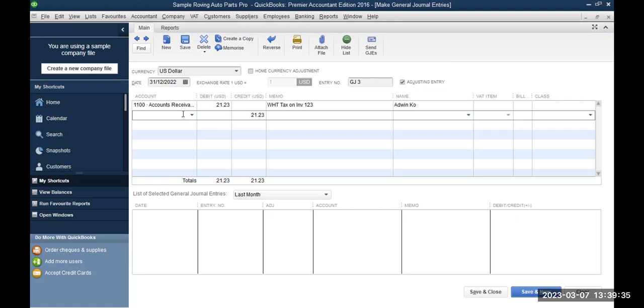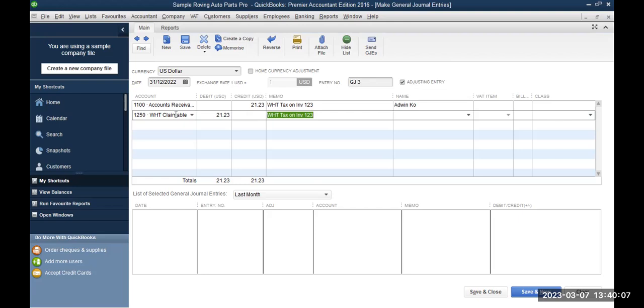And then the account that is going to be credited is 21.23, and the account you're going to debit is withholding tax claimable, because the withholding tax amount is tax held in advance by the customers, and so that money is kept on your tax account or your tax ledger.